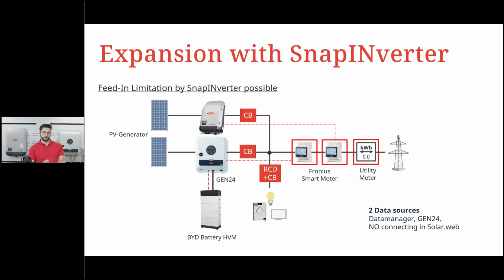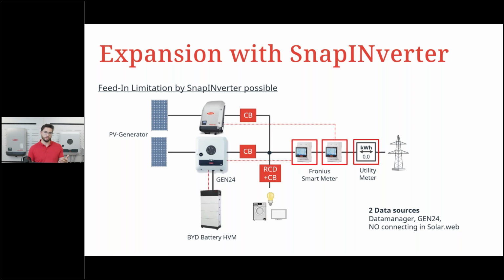What if we now have a system where the SnapInverter is a 20 kilowatt device, or if it's an Eco inverter with even 27 kilowatts, and we still have a 50% feed-in limitation? Now, in this scenario, the GEN24 is too small in order to achieve this rule. In this scenario, the feed-in limitation has to be done by the SnapInverter, by the bigger one.